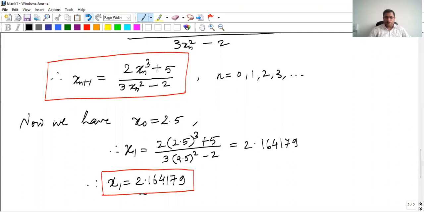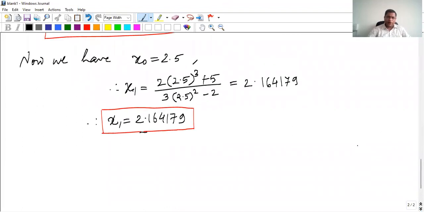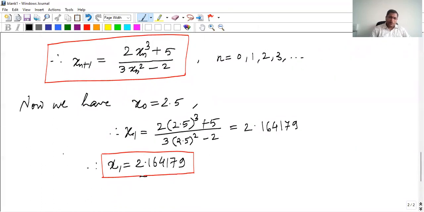So now, what we got? We got the first approximation. Okay, so let us try to have the next approximation. Now what we have to do is put this value of x1 in this expression.